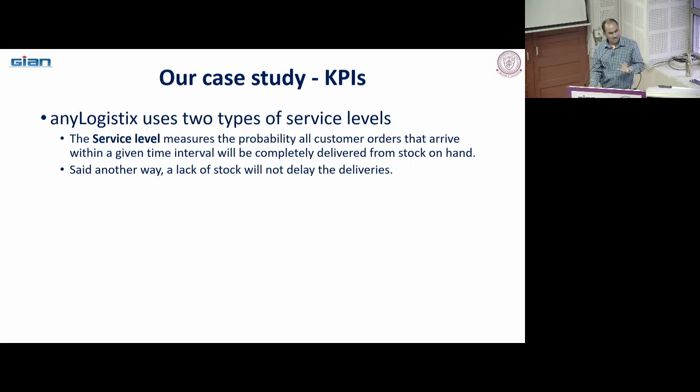If stock is not available, what will happen? Tell me, suppose you receive the order and you don't have sufficient stock, what would you do? Back order is one option. What other options? You are the distributor, you receive the orders from the retailer, and you don't have sufficient stock.